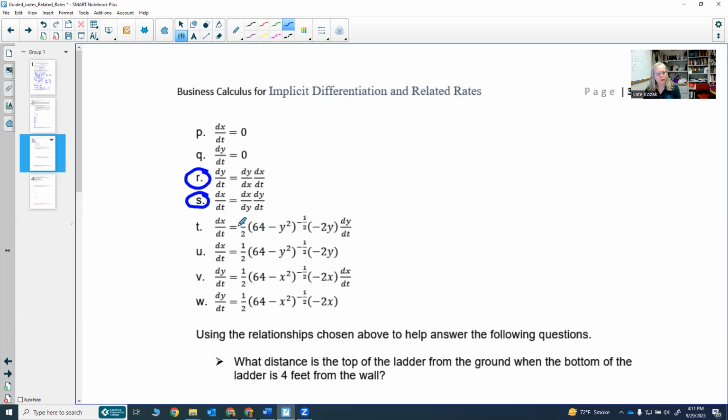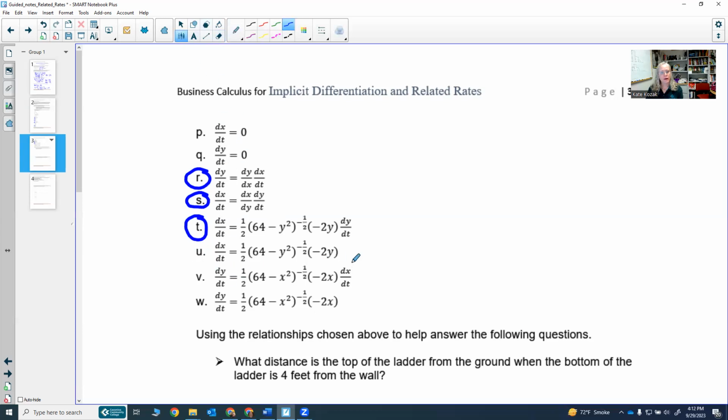So using the chain rule, you bring the power down, it's 1/2 times the inside to the -1/2 power, then times the derivative of the inside, times dy/dt, because we don't know how y is related to x, changes with time. So T actually works. Same reason U also works. Oh no, actually, I'm sorry, U does not work because it doesn't have the dy/dt on the end.